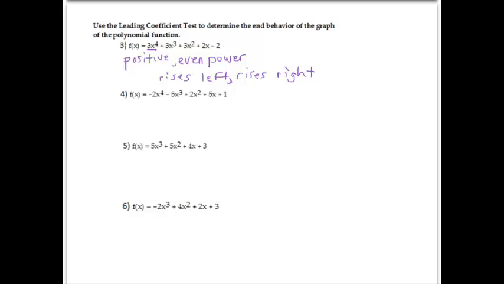On this next one, we look at this right here. It's a negative number and it's an even power because it's to the 4th power. So negative even power means it falls to the left, falls to the right.